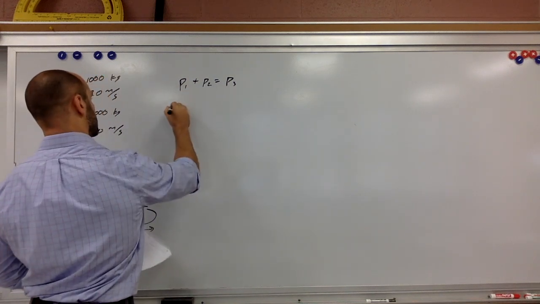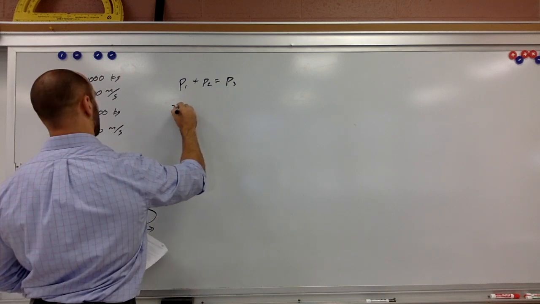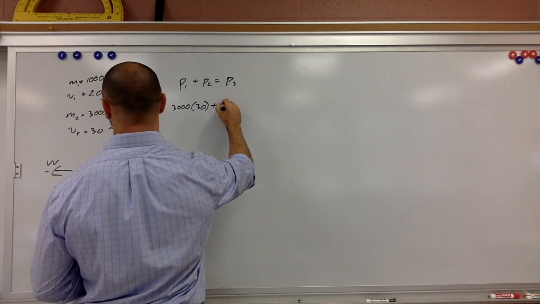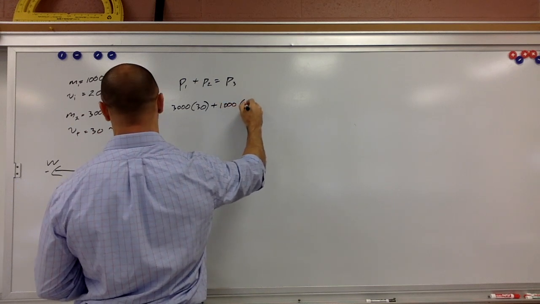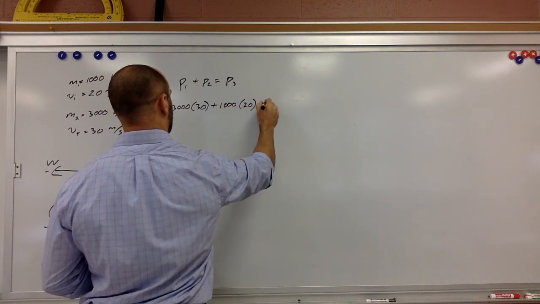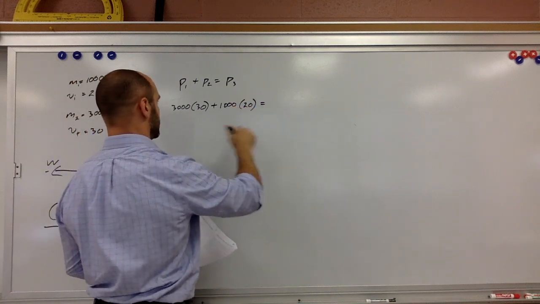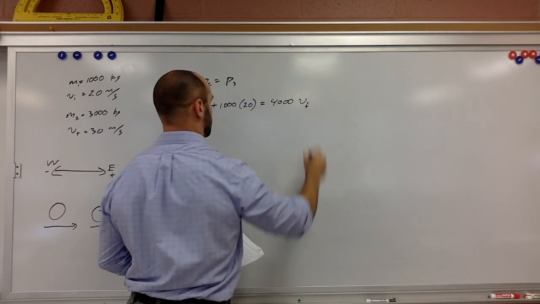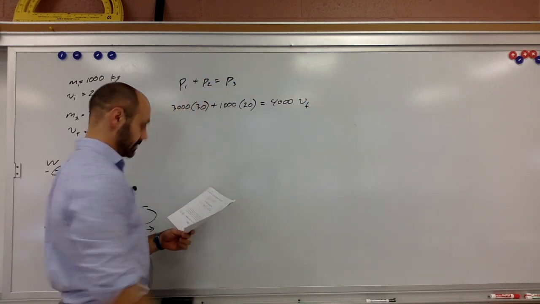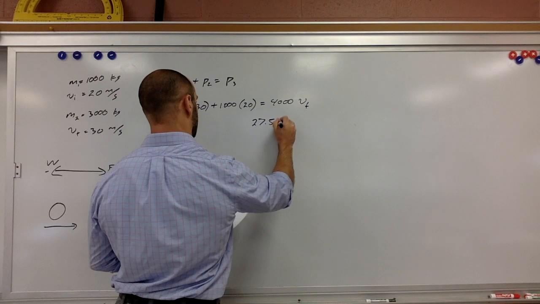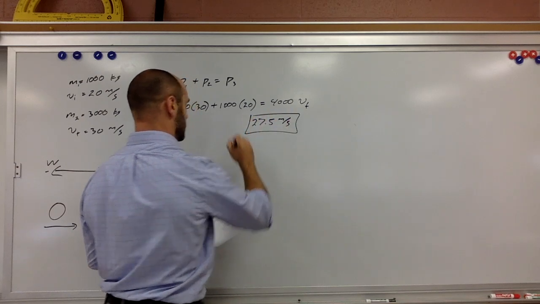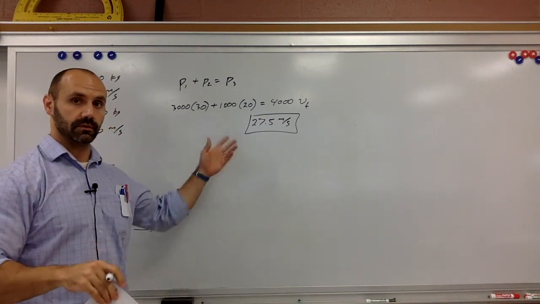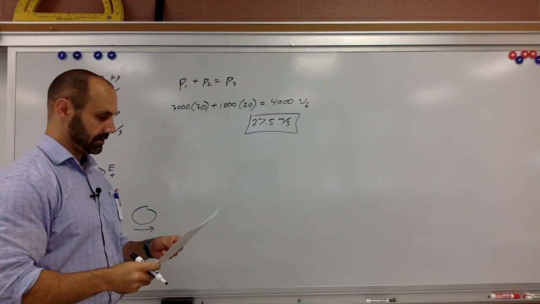And so this is mass times velocity plus mass, so 1,000, times velocity, equals the final mass, the total resulting mass, this should be 4,000 kilograms times VF. And that final velocity is going to be about 27.5 meters per second. All right. Simple problem, something you could have done last year for sure.